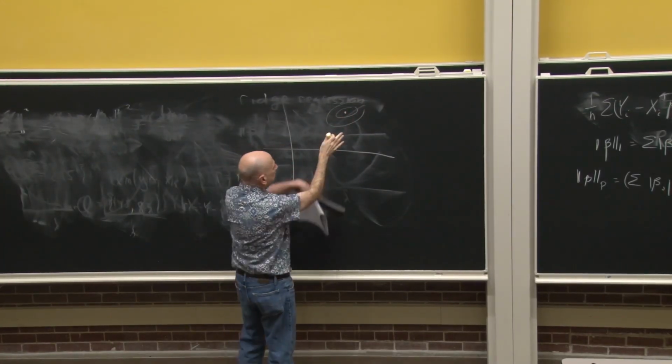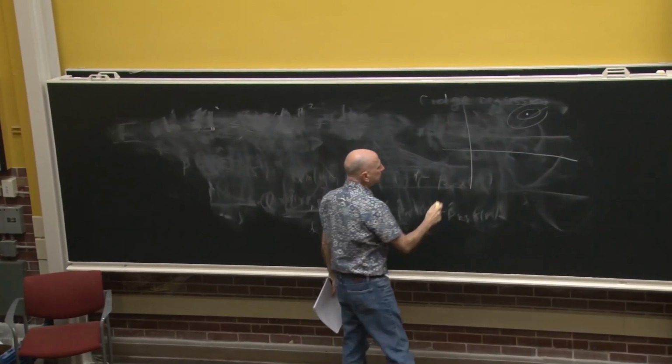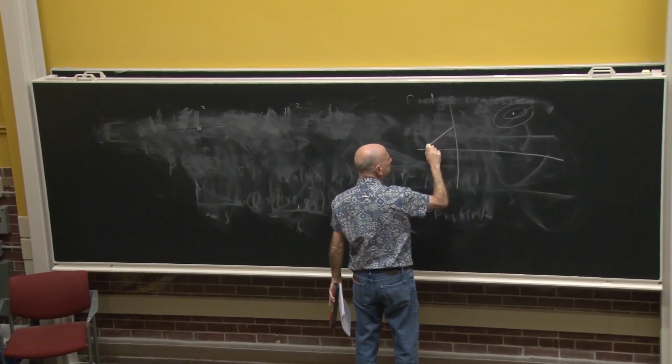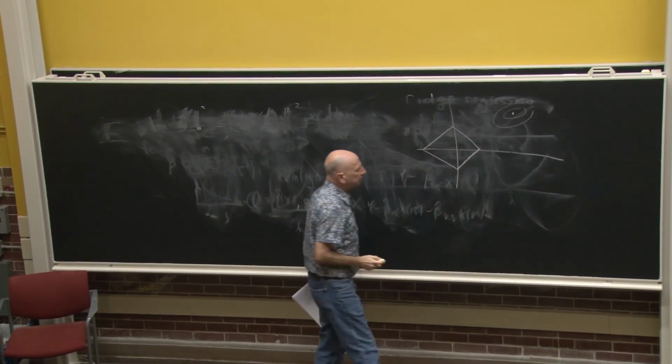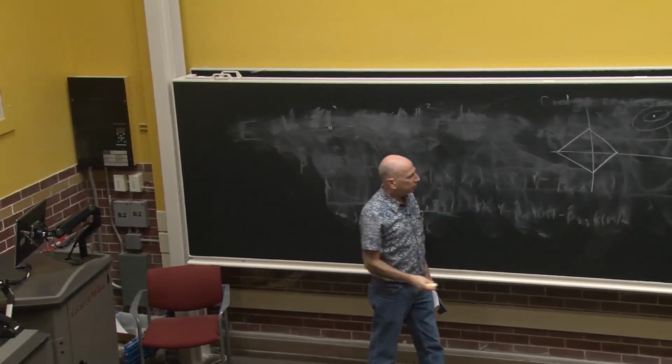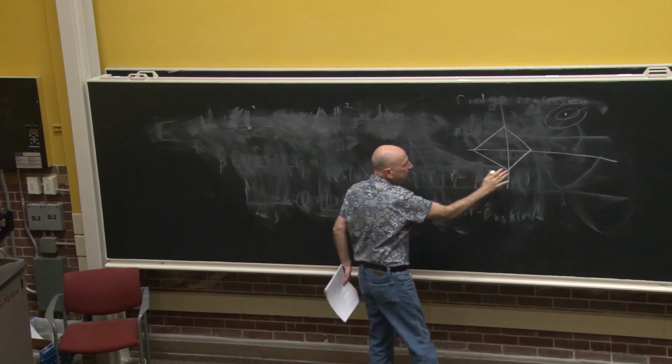You think of the function as being 0 here and growing like a bowl-shaped thing. But we're doing a restricted minimization. We're trying to take this function, which is 0 here and grows like a bowl, but we're only minimizing it over this set.